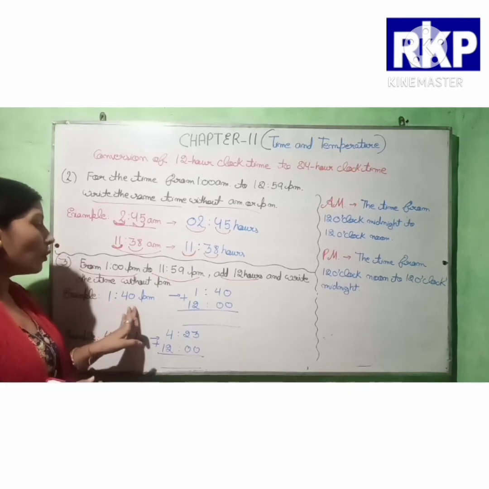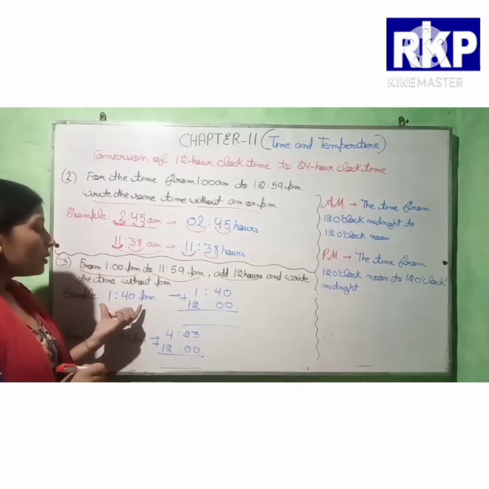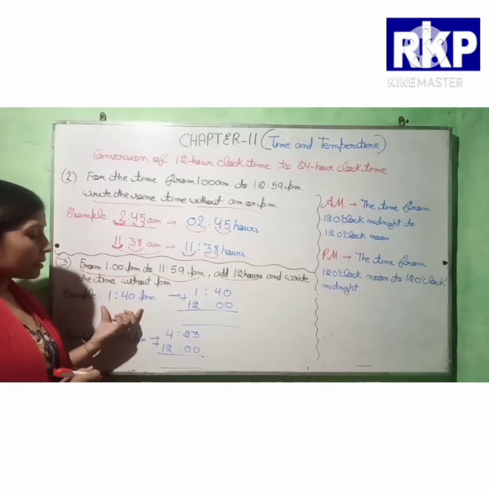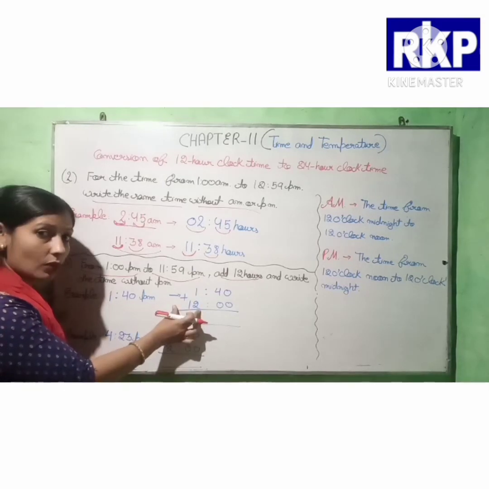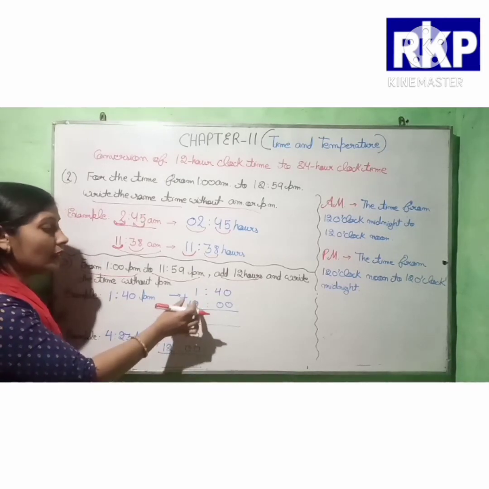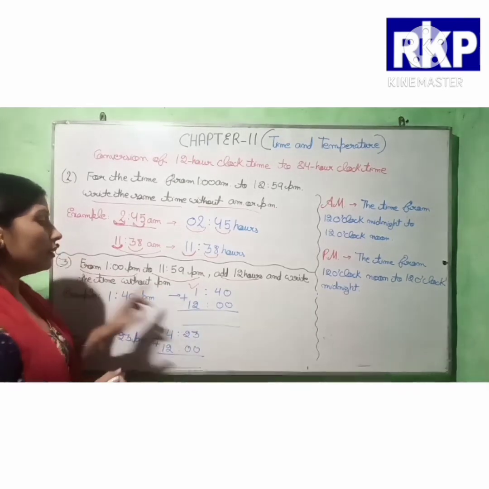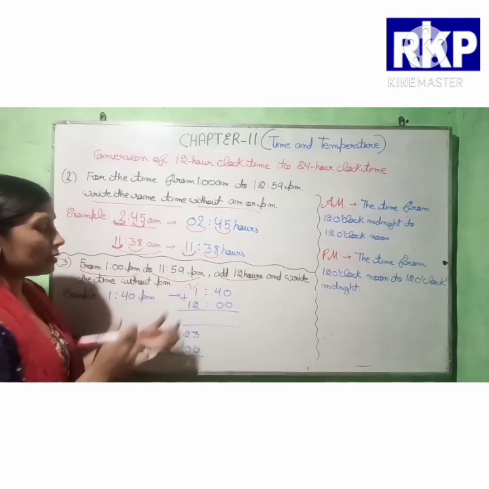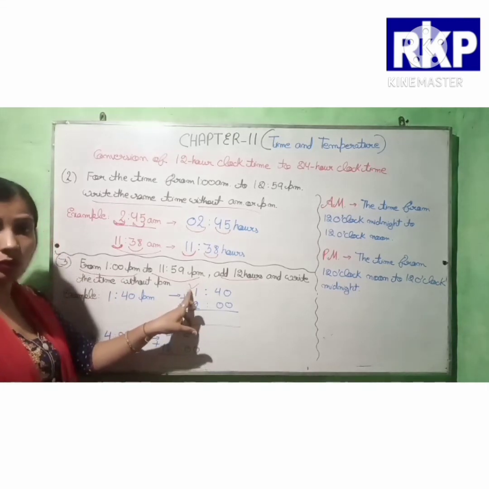So let us take one example. Here we have 1:40 PM. So what will we do? According to the rule, we have to add 12 in the hours part, where we have only 1. So we add 12 to 1.